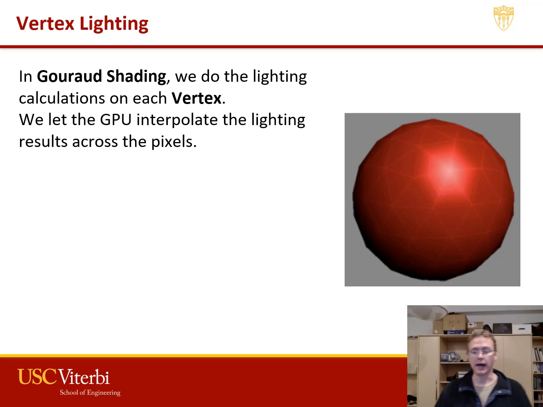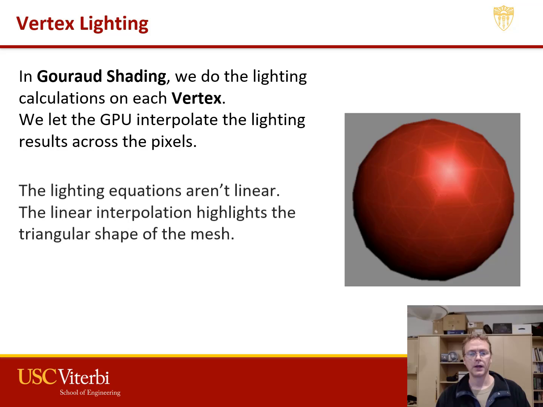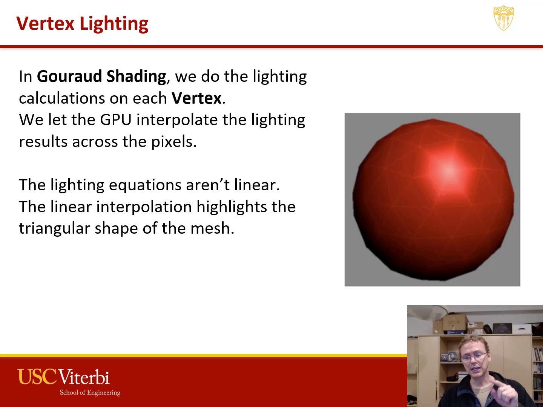But even without that, you can very clearly see that the specular highlight on the sphere has turned into a hexagon with a very bold, obvious starburst pattern on it. That is caused by the interpolation of the colors. Why is that? The thing is, these lighting equations that we just showed are not linear.